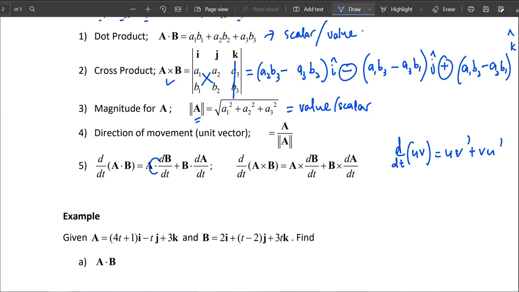You must be careful for dot product. For cross, A cross B prime plus B cross A prime. We have discussed earlier the dot product and the cross product.